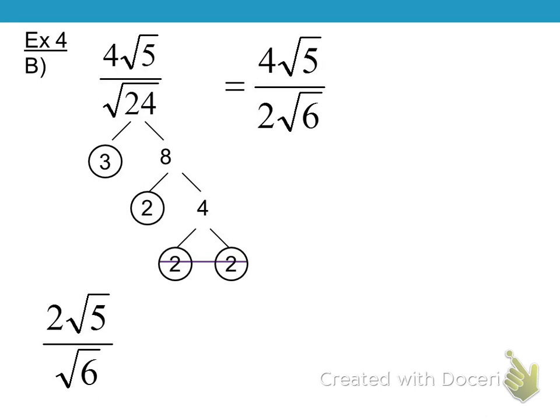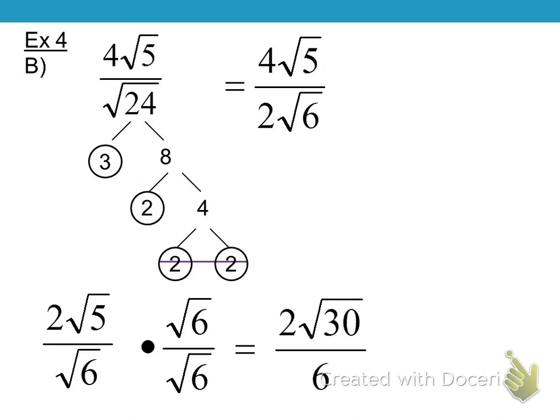Now I'm going to worry about the square root 6. So I am going to end up with 2 square root what on top? 30. 2 square root 30 over regular old 6, because I would end up with square root 36, which is 6.